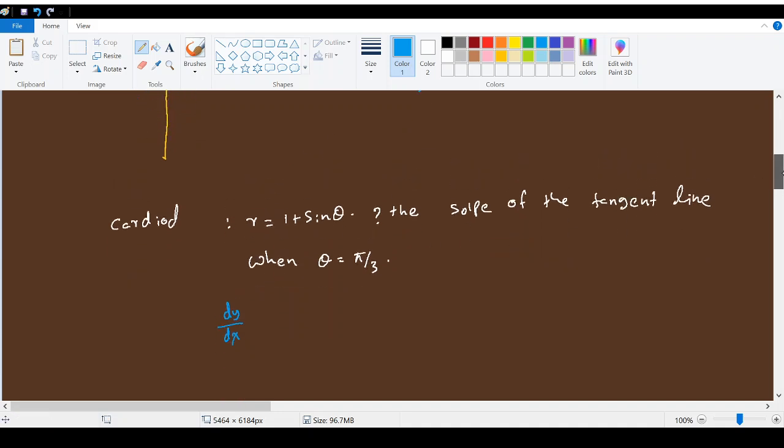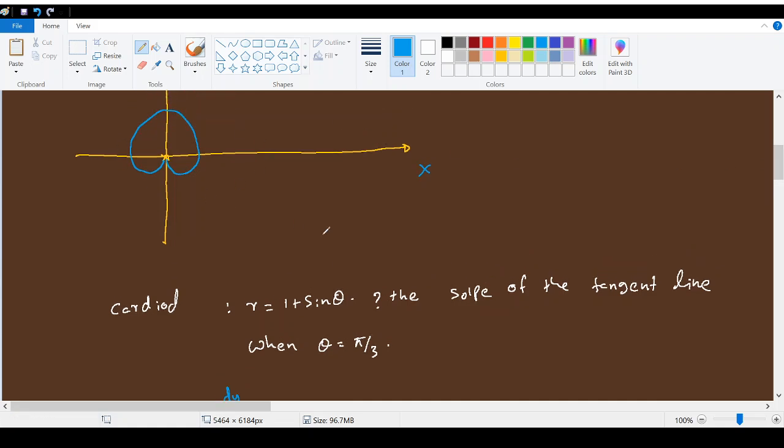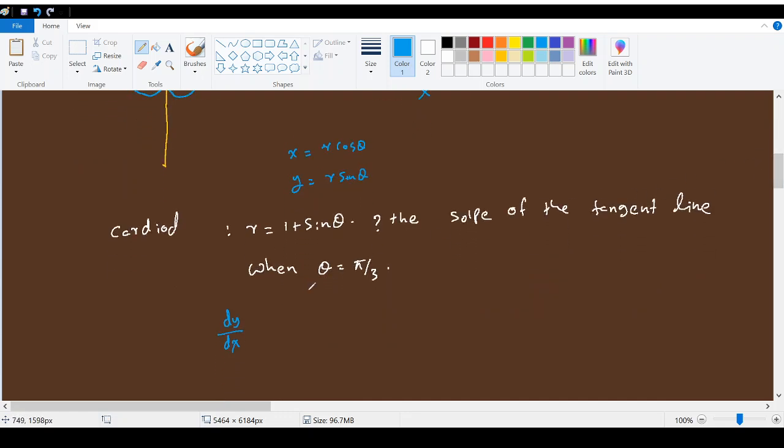And also we said that in this Cartesian plane, where we have the polar axis kept on the positive x-axis, we have these two relationships: x equals r cos theta and y equals r sin theta. And then we are asked to find the derivative of y with respect to x.